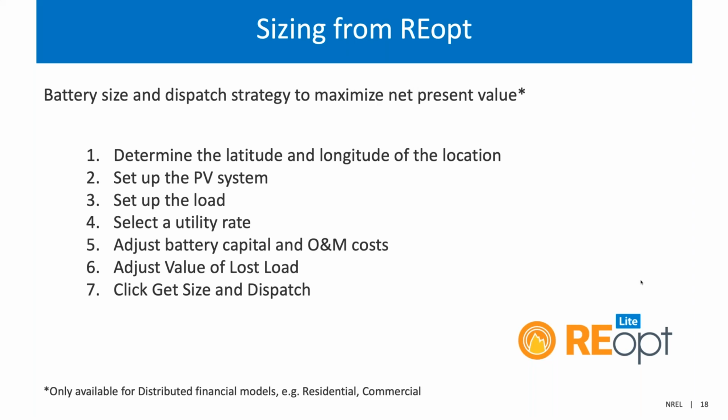The way to use the optimal sizing feature is to determine the latitude and longitude of the location, set up the PV system, set up the load, select a utility rate, adjust the battery capital and O&M costs, adjust the value of loss load, and then click the optimal, and then click the get size and dispatch button.